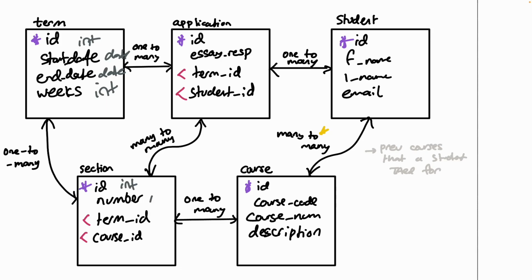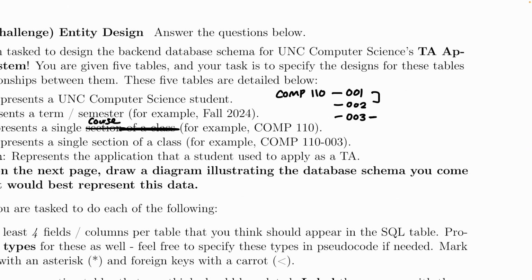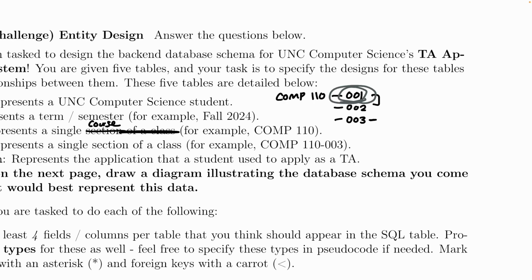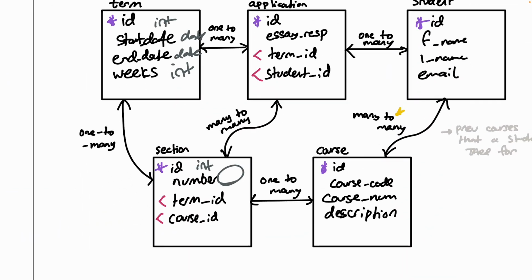Okay, number is actually a weird one. With number, because our section numbers are like 001, 002, 003, if we were to put this as an int, that's fine, except we would lose our leading zeros. So it actually might make more sense to codify this as a string. And then our IDs are all integers.